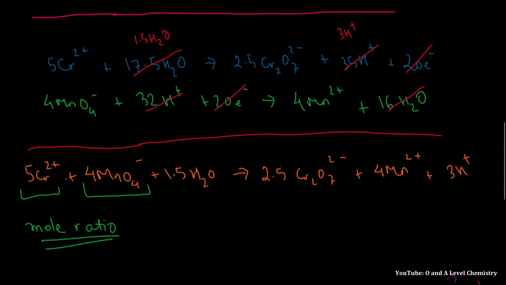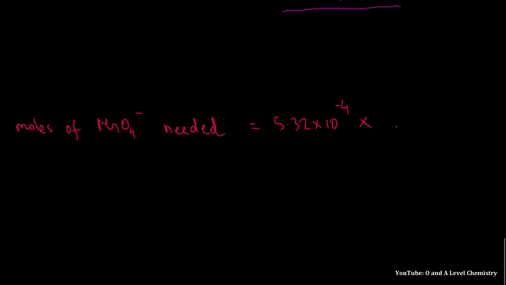So this much would be 4 times 5, so that has to be 4.26 times 10 to the power minus 4.